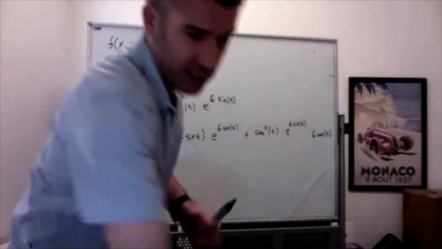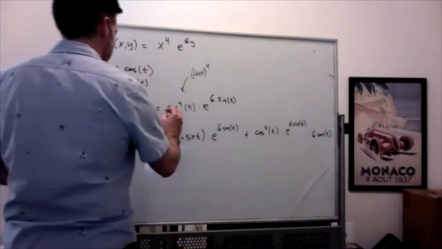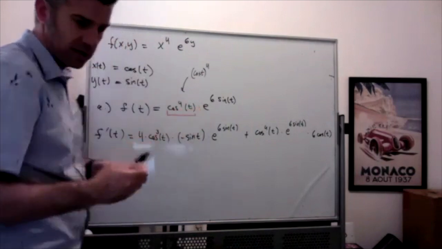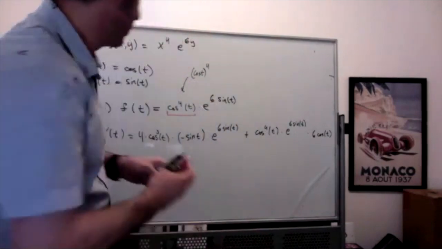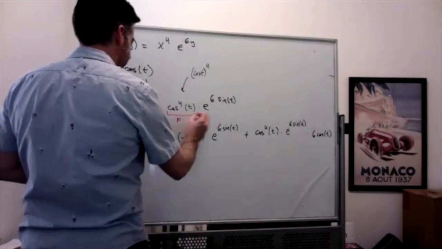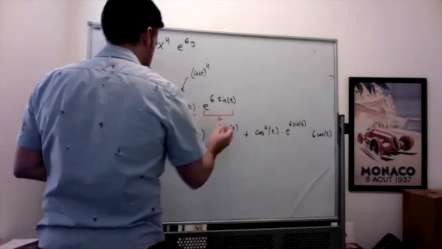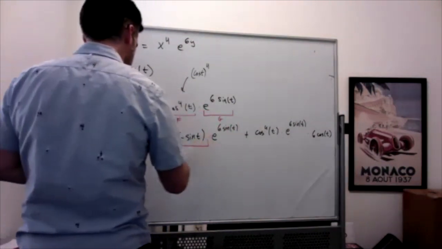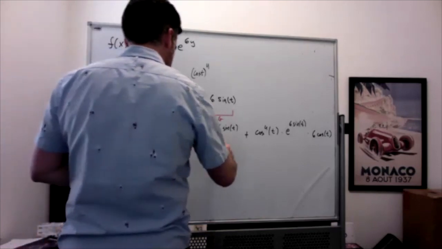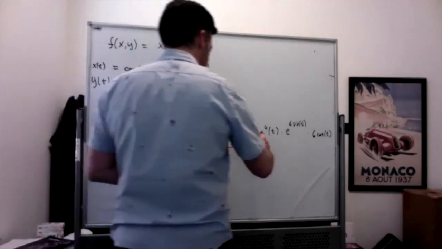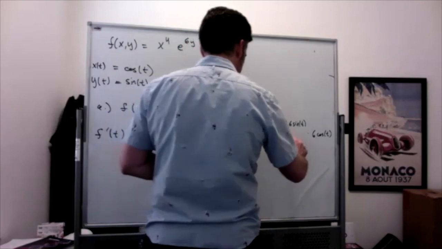Just to point out, this is the product rule. If this was capital F and this was capital G, then here is your F prime, G, here's your F.